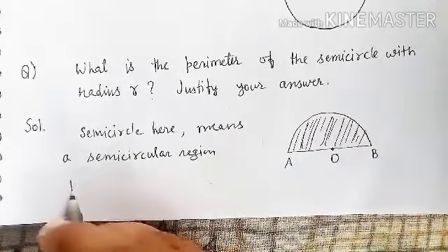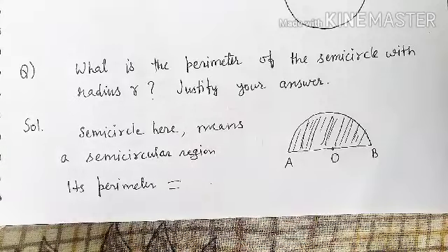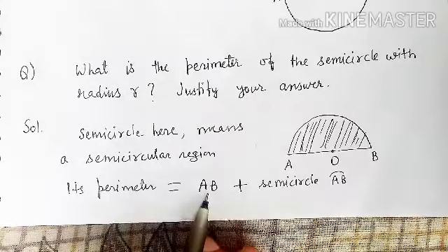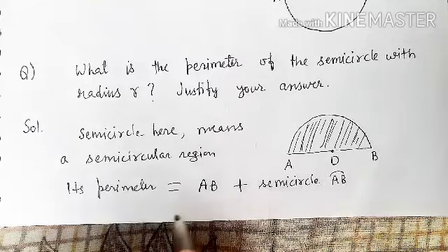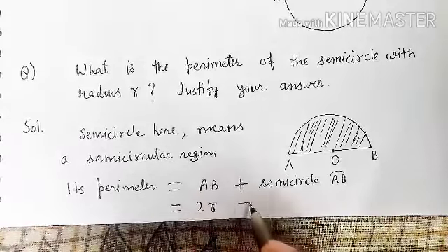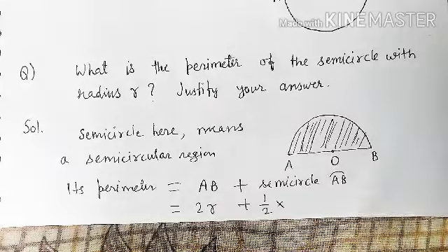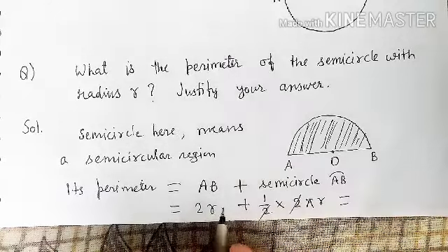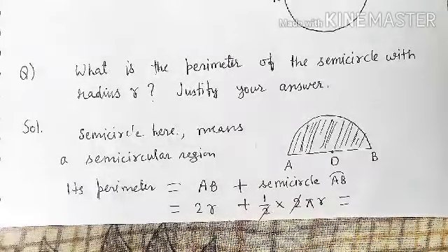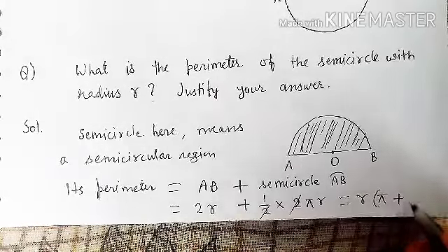So its perimeter will be diameter AB plus length of semicircle arc AB. This is 2r plus 1 by 2 of the circumference. We know the circumference of a circle is 2 pi r. So half of 2 pi r, 2 is cancelled. We take common r. So this is equal to r into pi plus 2.